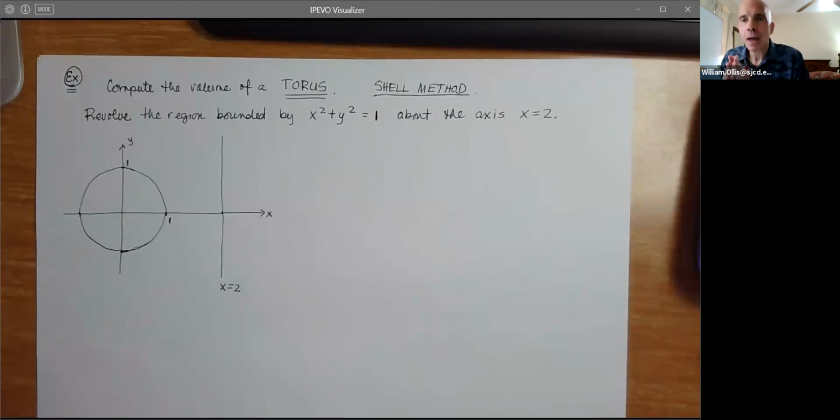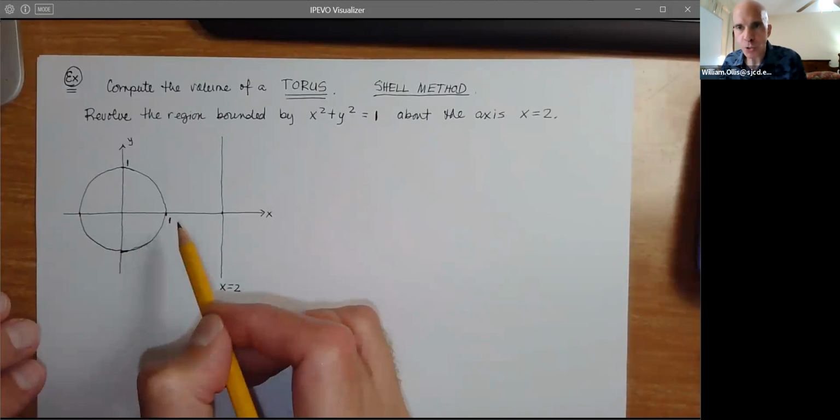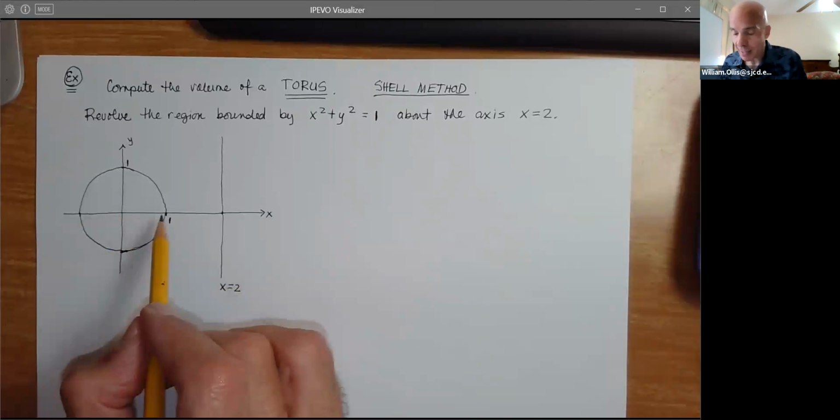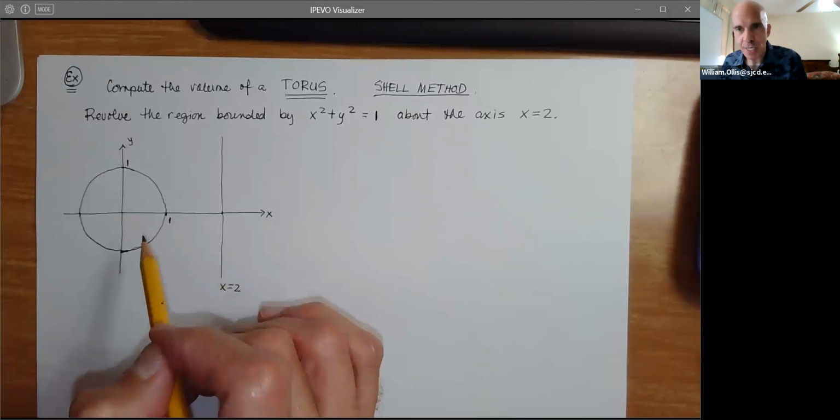Now, one thing that I've noticed that makes the problem doable, without having such a complication, is to again use some symmetry. I want you to think about this. We could go ahead and revolve the whole circle, but relative to the x-axis, we have symmetry.